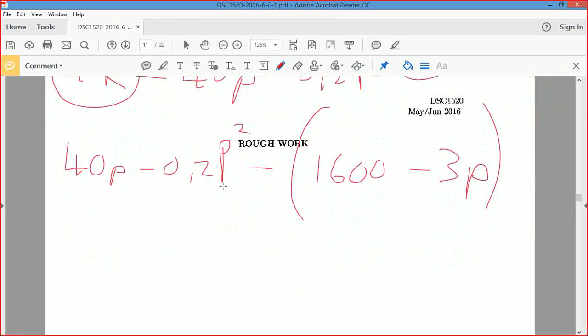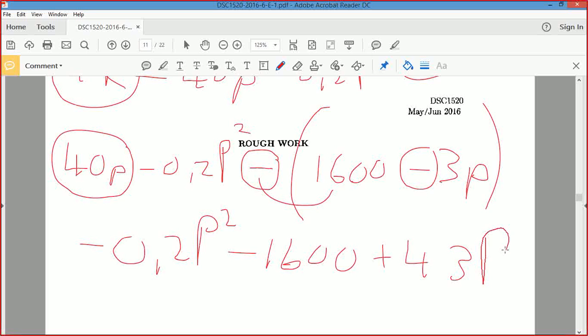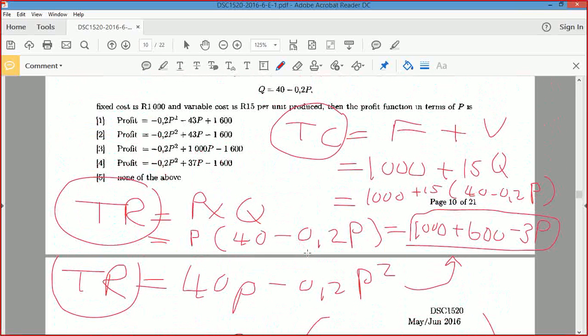Okay, so let's subtract this. I'm going to be left with negative 0.2p squared, negative 1,600, then 40p, then a minus and a minus is a plus, so plus 43p. Okay, which option?